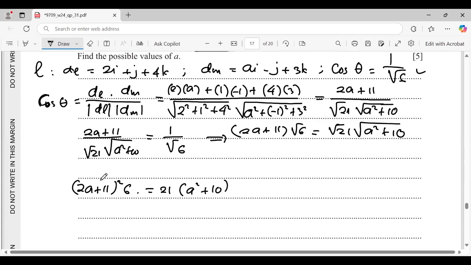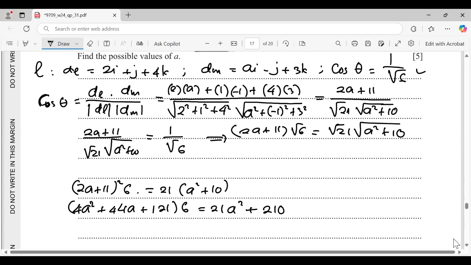And after that, I will expand. It becomes 4a squared plus 44a plus 121, times 6, equals 21a squared plus 21 times 10, 210.